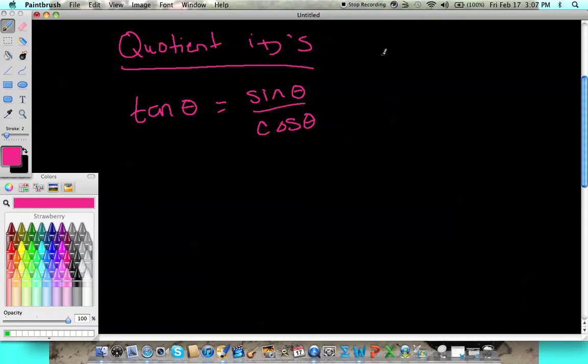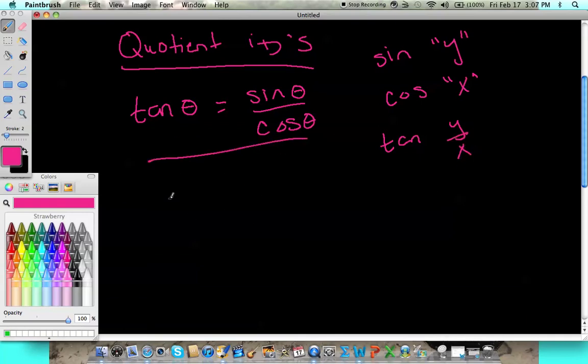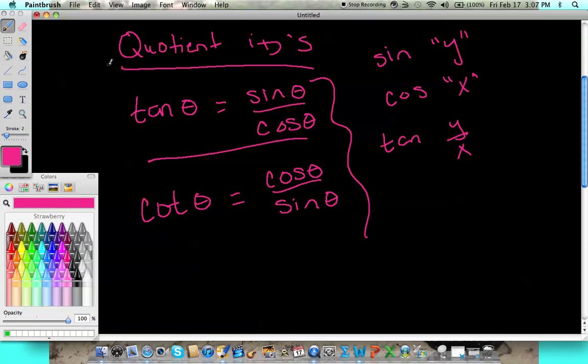Well, because we know that sine is our y value, and we know that cosine is our x value, and we know that tangent is y over x, so therefore this ID should make a lot of sense. Therefore, we can conclude that the cotangent of theta will be the cosine over sine. So these should go on your sheet under quotient identities.